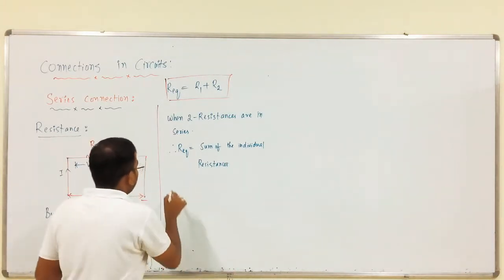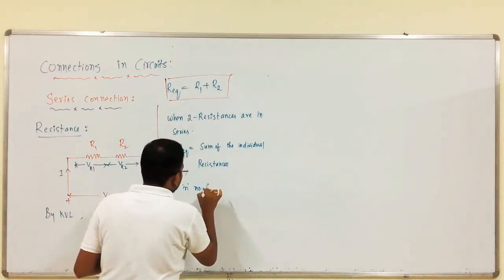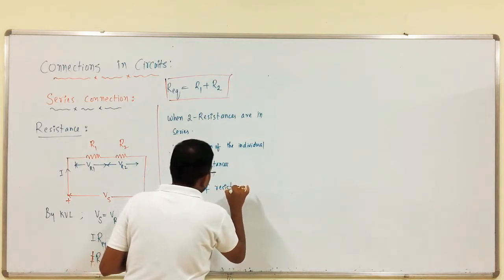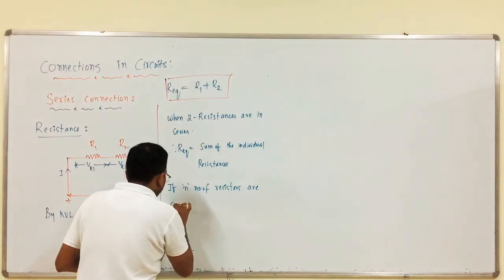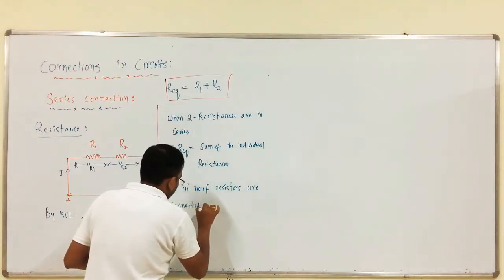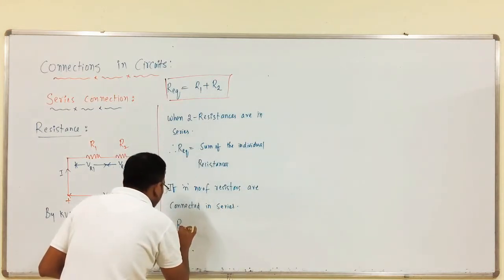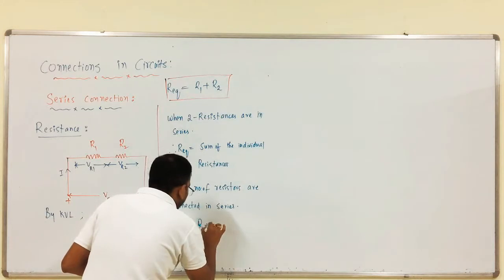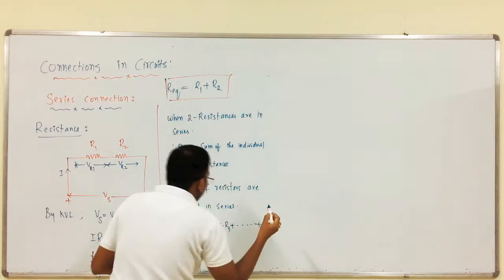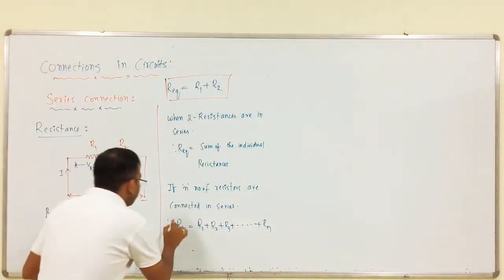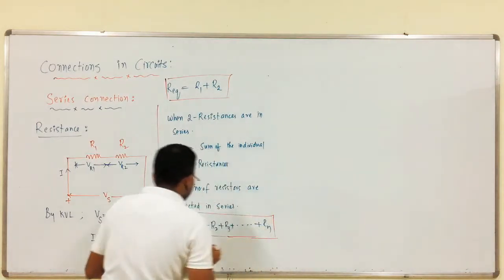Like that, if n number of resistors are connected in series, R equivalent is equal to R1 plus R2 plus R3 and so on up to Rn.